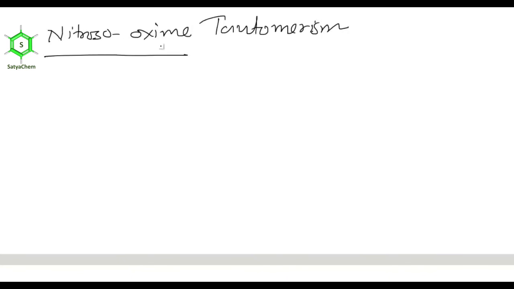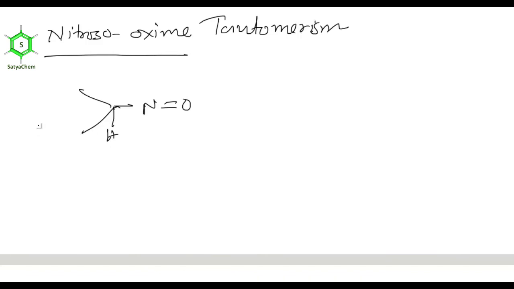Next example is nitroso-oxime tautomerism. This is a nitroso compound. It has one alpha hydrogen. Clear? This is the alpha hydrogen. A nitroso compound can tautomerize with the transfer of a proton from carbon to oxygen to form an oxime.